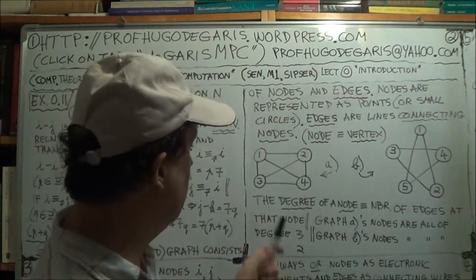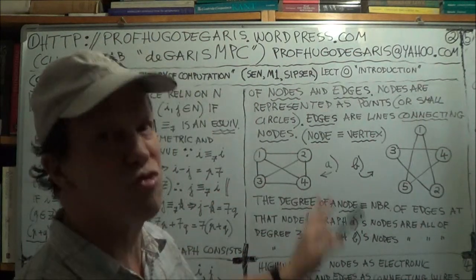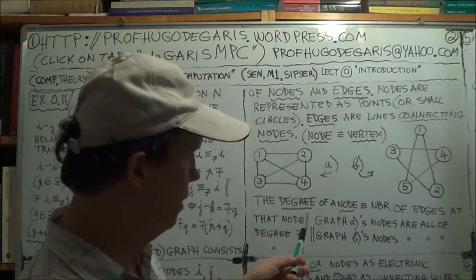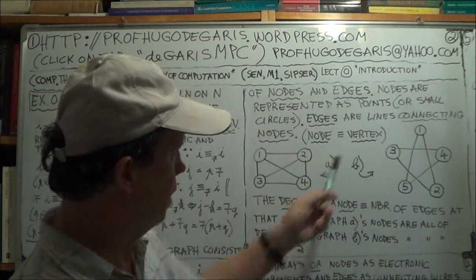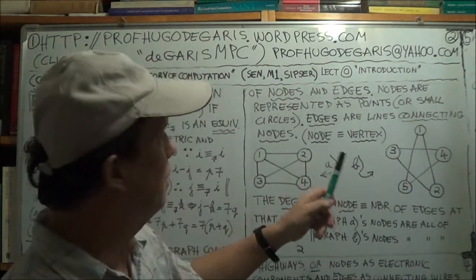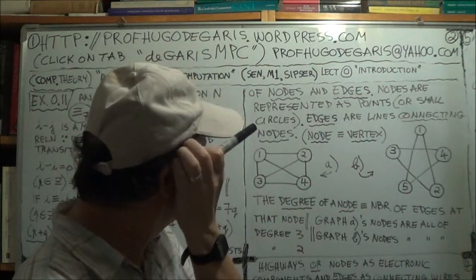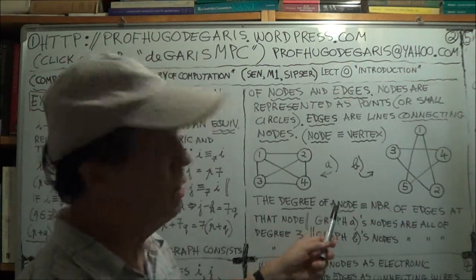All right. Now, there are a whole string of definitions, terms that you'll get in the next few sessions. The degree of a node or a vertex. I'll probably just use node because with just one syllable it's easier. So I'll just talk about nodes and edges.